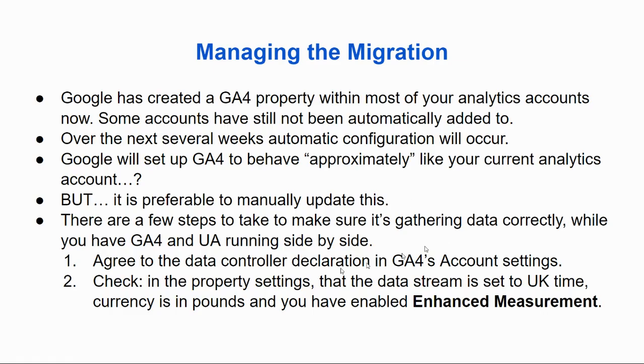There's a couple of steps: sorting out the data controllers declaration, making sure to say that you're going to comply with GDPR and its equivalents, and then making sure that the data stream is set to UK time and currency, and also making sure you've got enhanced measurement set up.